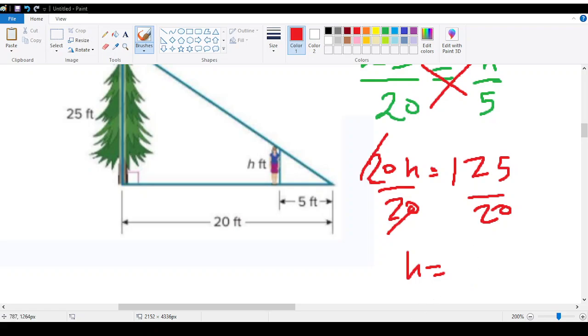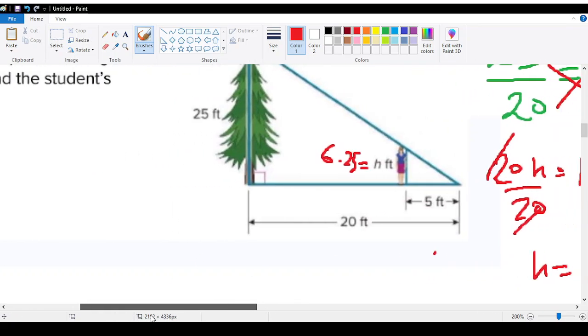I think it's 125 divided by 20, so it's going to be 6 point what? 0.25. Good. And this answer makes sense because it should be a small number.